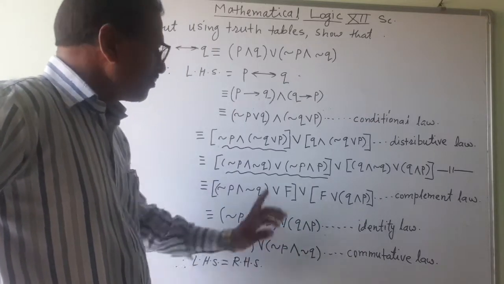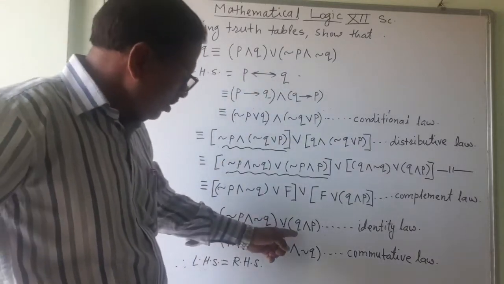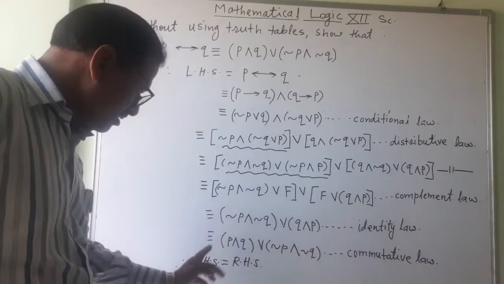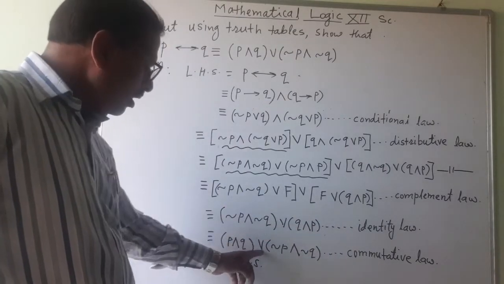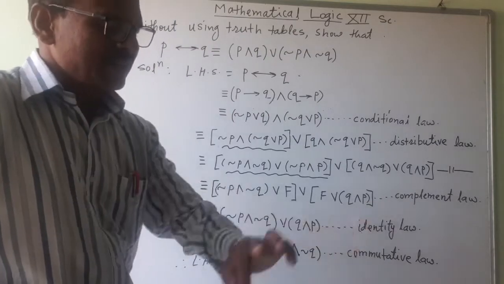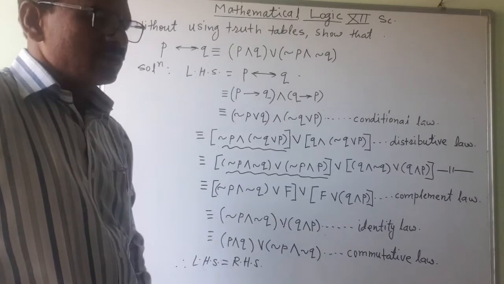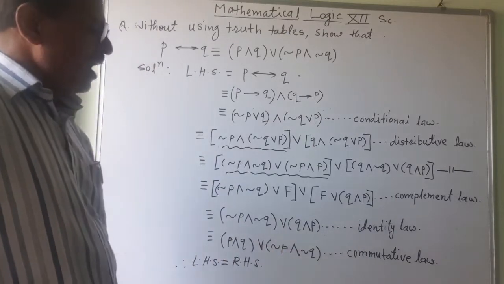What is the use? Because in the proof they want it like this. P and Q they want. They don't want Q and P. That's why it is inverted. So P and Q is brought here. Or this afterwards. What have you done? You have shifted the things over here and there. So that is commutation. So LHS is equal to RHS.